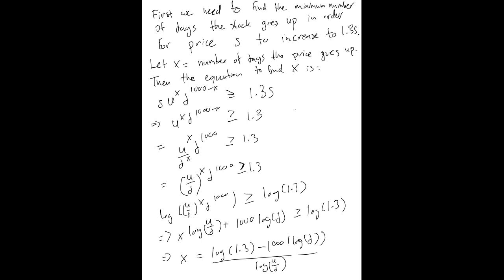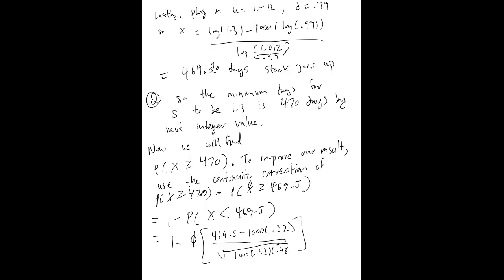Just using some algebra, we eventually get to X equals 469.20 days. And we're looking for the minimum days for S to be 1.3S, so we take the next integer value. So that's 470 days.